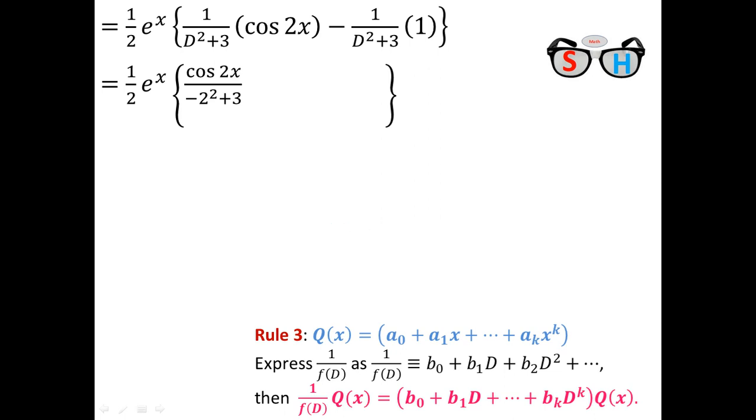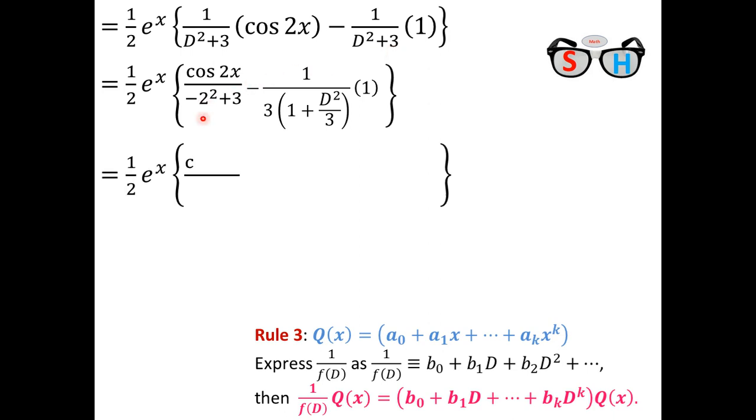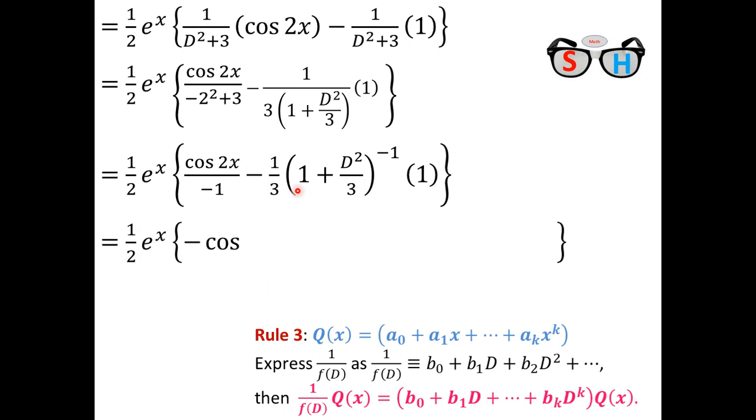For this purpose you see that I take common 3 from the denominator. Okay, this is minus 1. If you take it in the numerator, this will be 1 plus d square by 3 whole to the minus 1, and the infinite series of that will be 1 minus d square by 3 plus d to the 4 by 9 minus and so on.